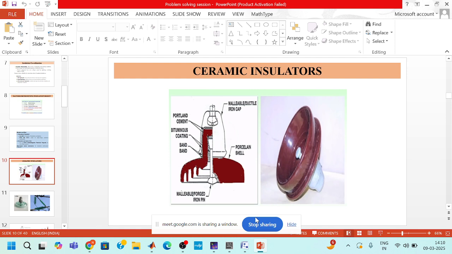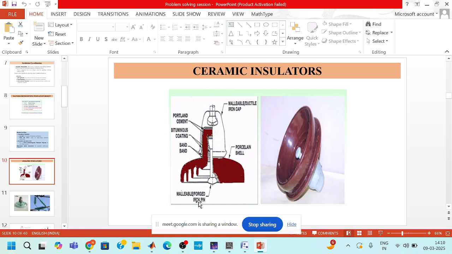Now, basically there are three types of insulators: ceramic insulators, glass insulators, and polymer insulators. Polymer insulators are also known as non-ceramic insulators. This is the structure of ceramic insulators, in which we see the malleable or ductile iron cap, the Portland cement, after that the bituminous coating, sandband, and the porcelain shell.